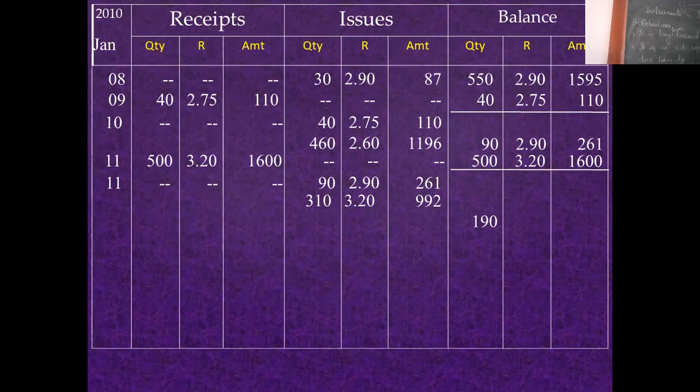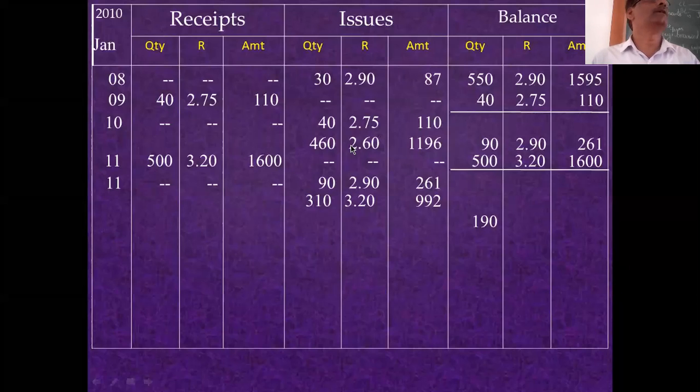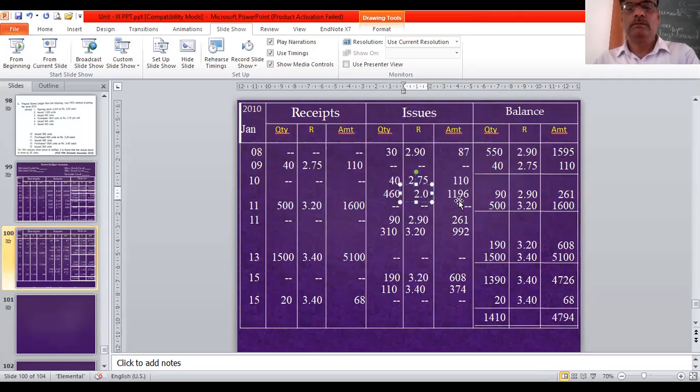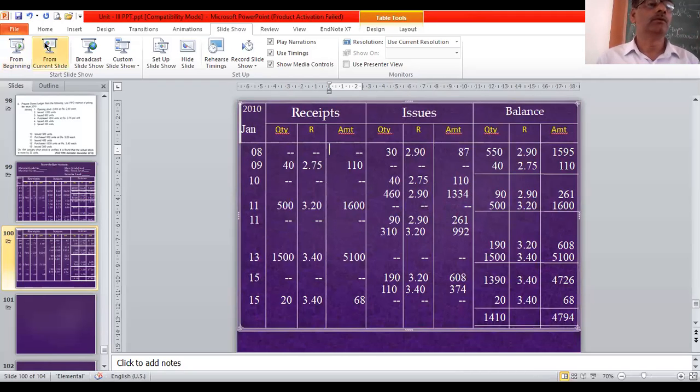Change it. This is 2 rupees 90 paisa, okay. Clear, what is the amount? Tell me. 1334. 1334, okay. Thank you.